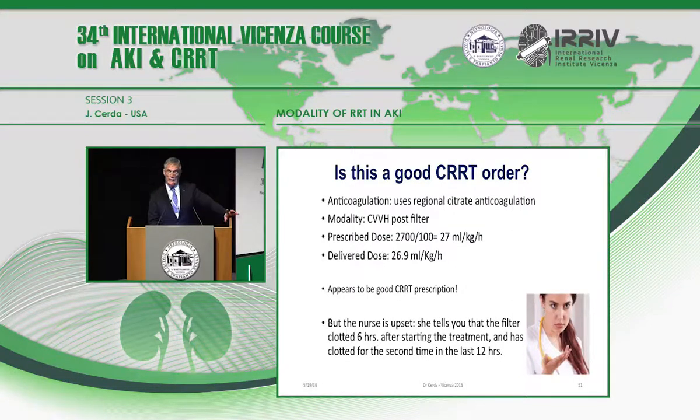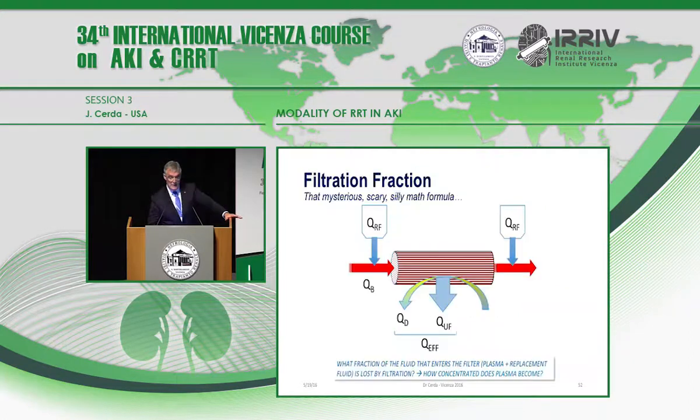So that's more downtime, so your delivered dose is again going down, but this time not because of the dilution, but because of something else. She's spending the time changing the filter, she's unhappy, and your delivered dose has diminished, and that is the filtration fraction. That's probably what is happening, right? Because you're putting the replacement fluid post-filter.